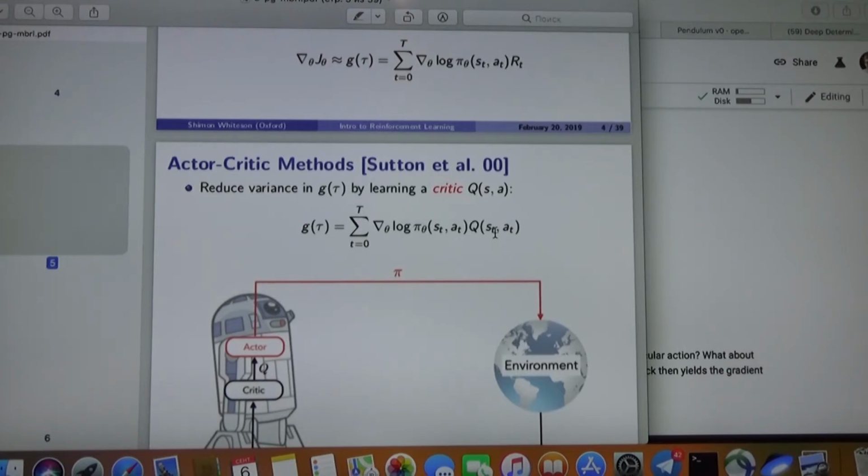And the Q function is available for all states, so we can do learning without waiting for the end of the episode.